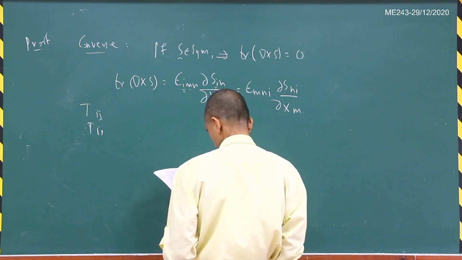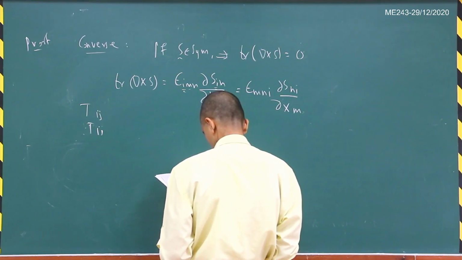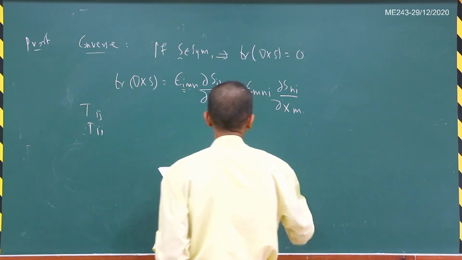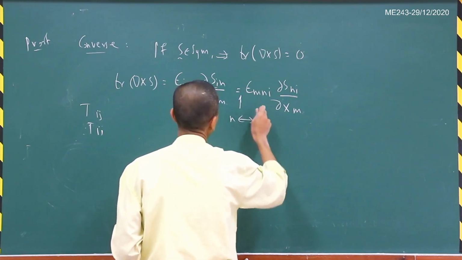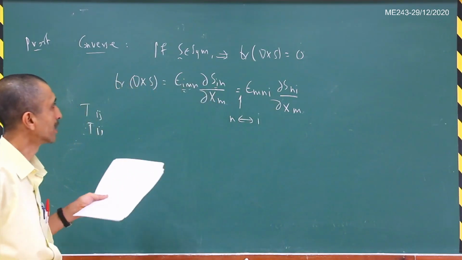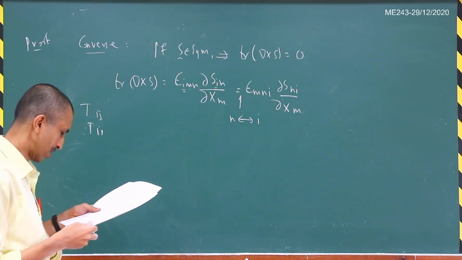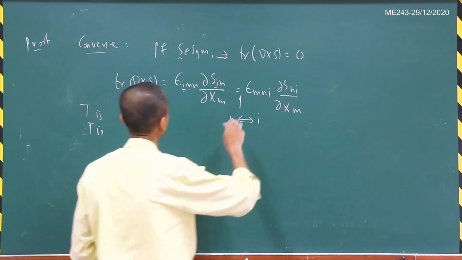So what I have done here is that I have interchanged the indices n and i. So here n is interchanged with i. Okay, so that we can see that. Just give me 1 second. So this should be nmi. I'm sorry about this.